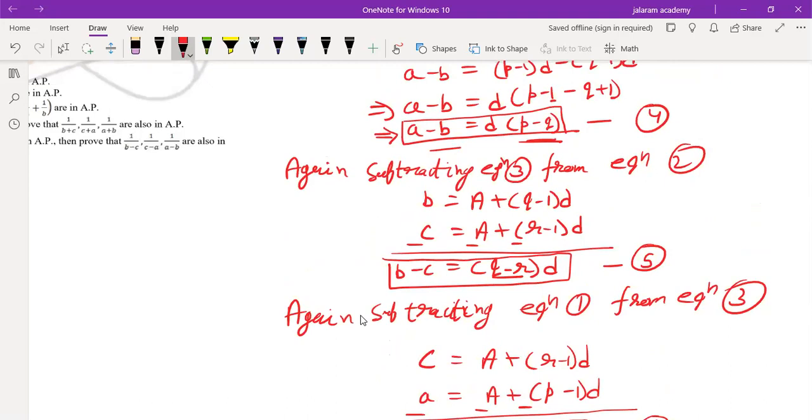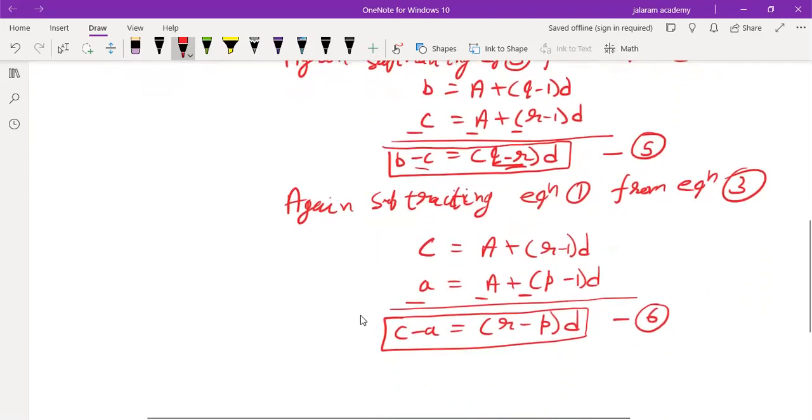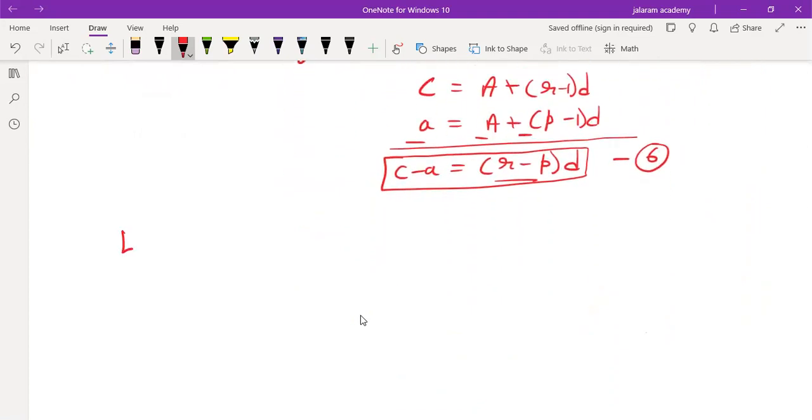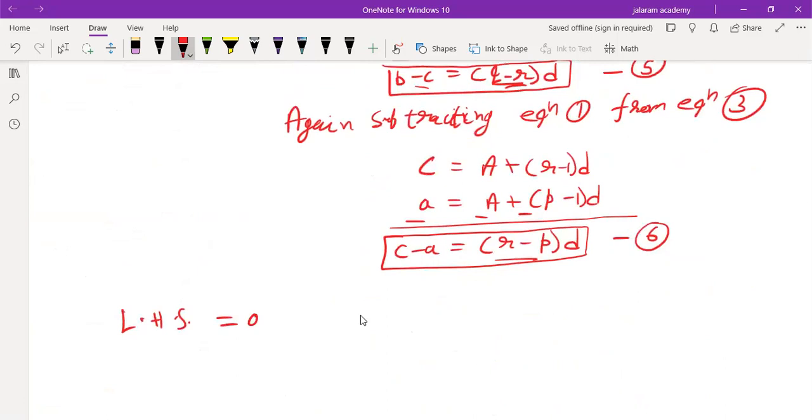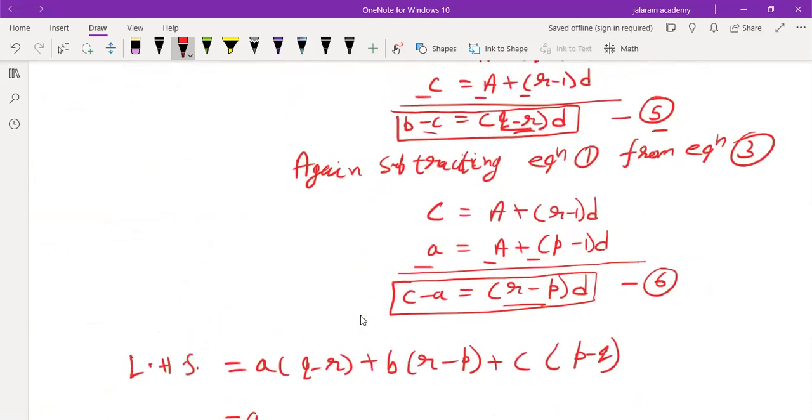Q minus R equals B minus C upon D. And R minus P equals C minus A upon D. So from the left hand side of the proving, we use A into Q minus R plus B into R minus P plus C into P minus Q, and use the value of Q minus R from equation 5.